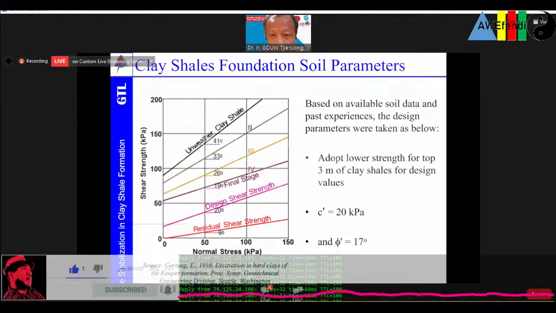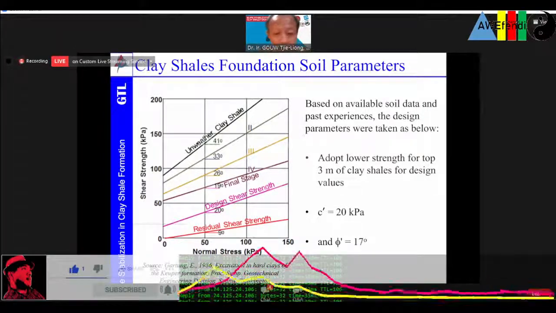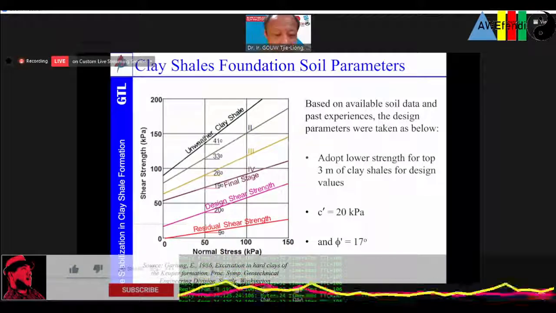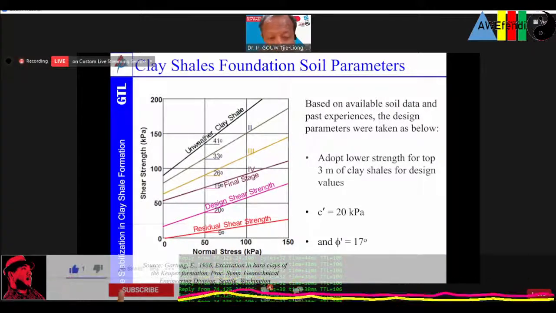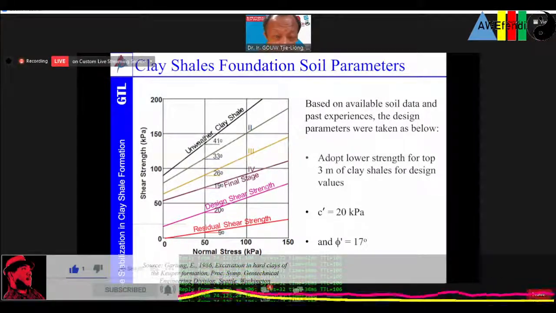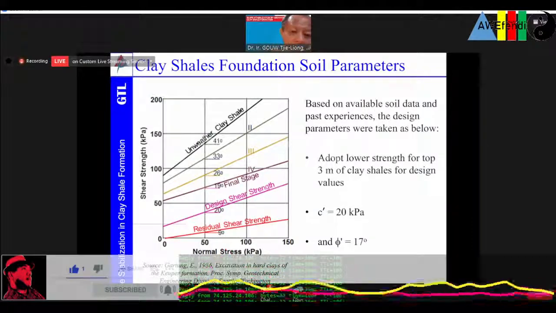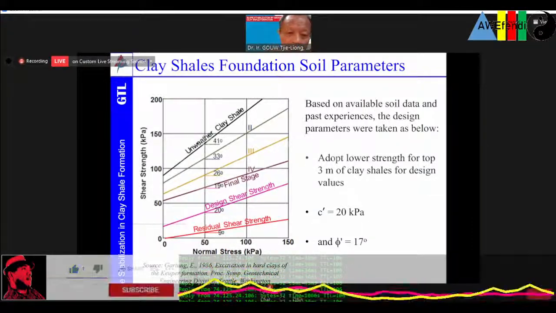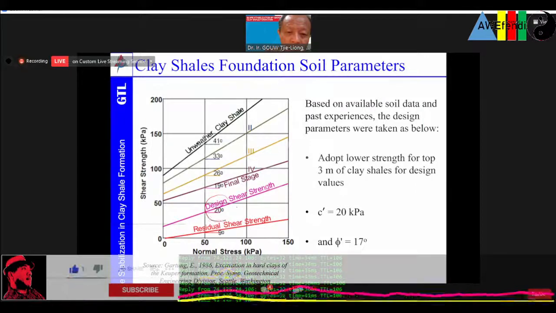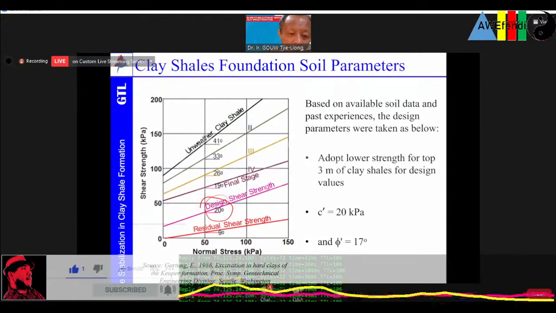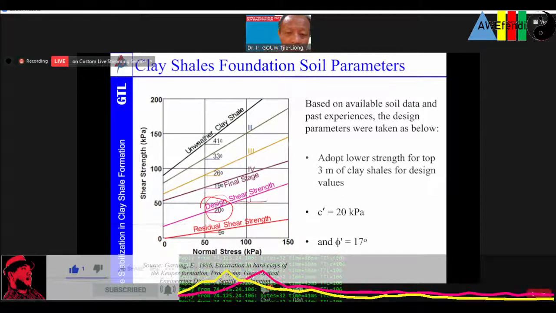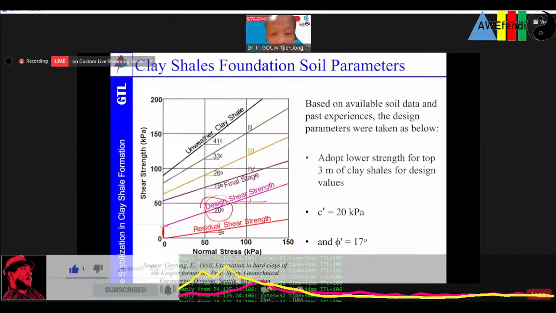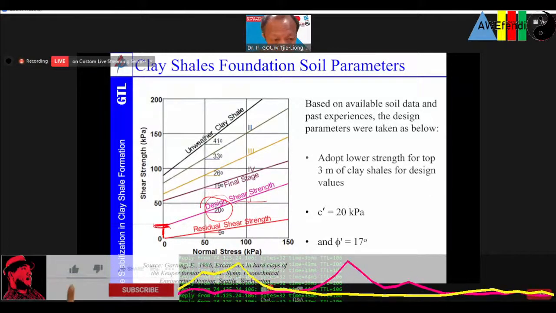So what we do is that we do also some fractional tests, but not as extensive. So based on this chart, we can see that the design shear strength recommended is 20 degree, and then with a certain over here probably around 20 kPa of the shear strength.